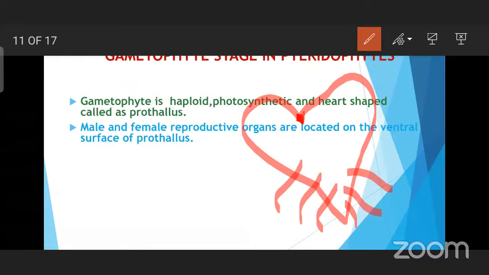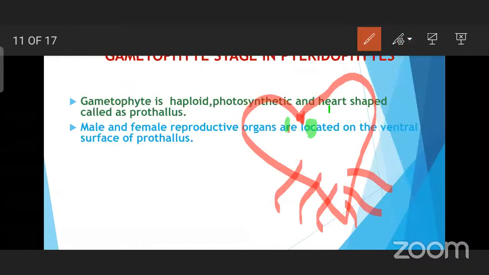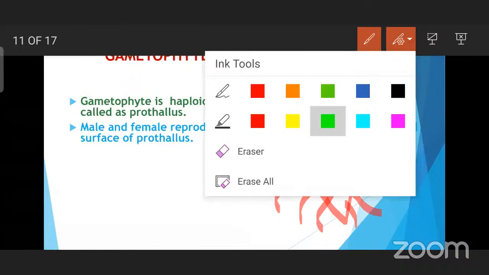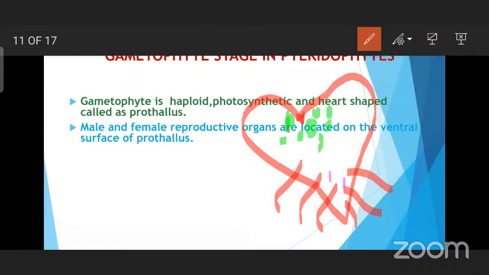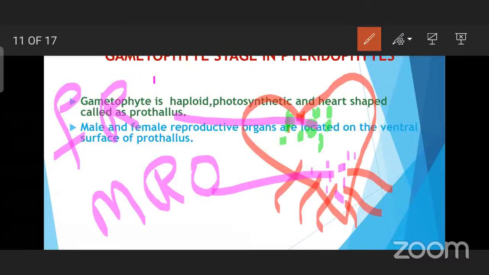At this particular point you will see the archegonia present here. And antheridia will be present in the middle of these unicellular hairs. So these are the male reproductive organs, and this one is the female reproductive organ.